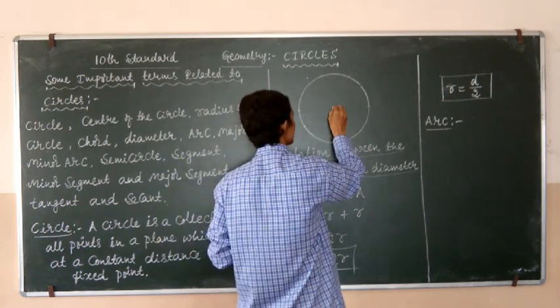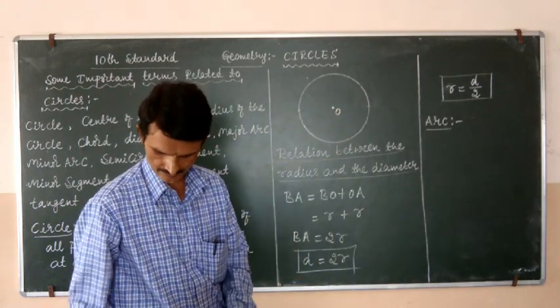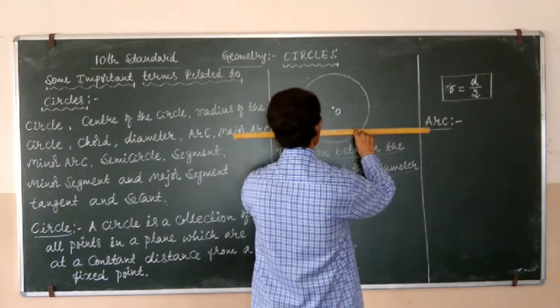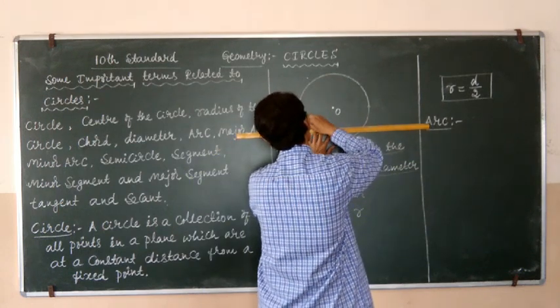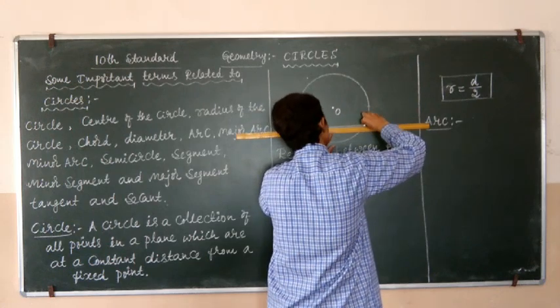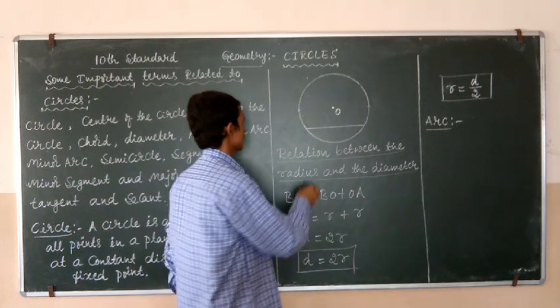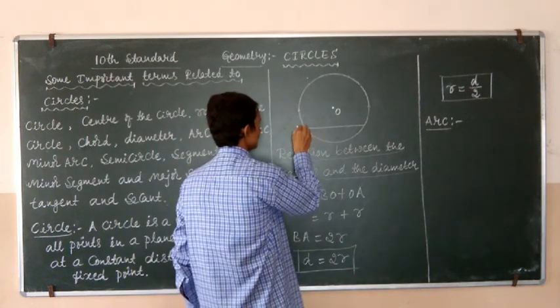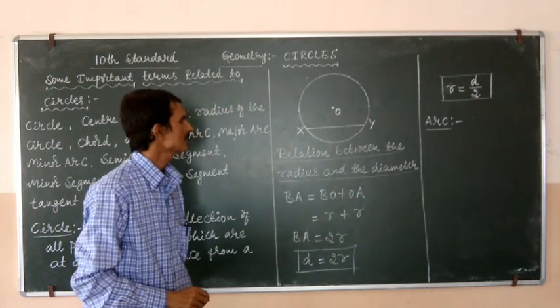O is the center of the circle. Draw a chord by joining any 2 points on the circumference of the circle. You can name them any alphabets.